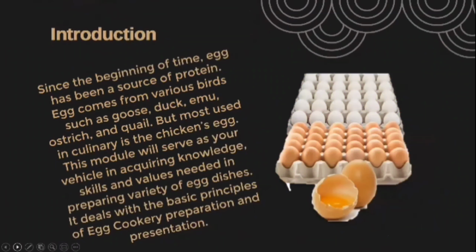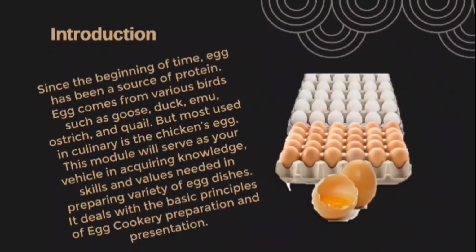Okay. So as an introduction, since the beginning of time, egg has been a source of protein. Egg comes from various birds such as goose, duck, emu, ostrich, and quail. So saan daw galing yung mga itlog?